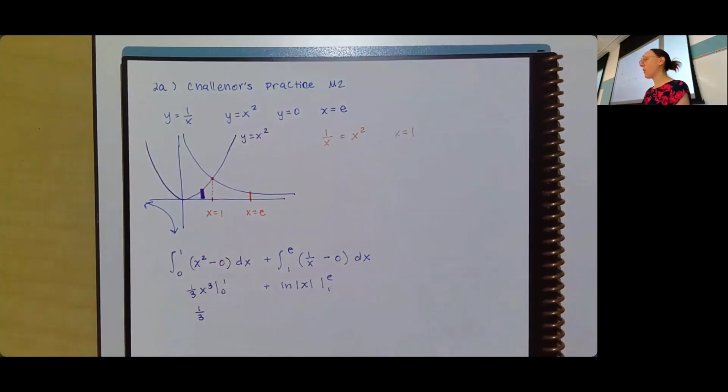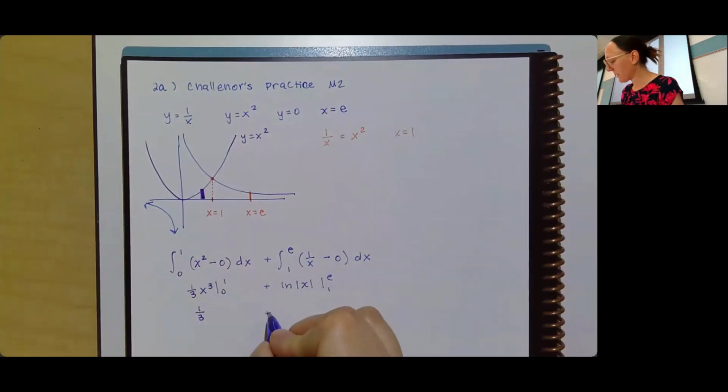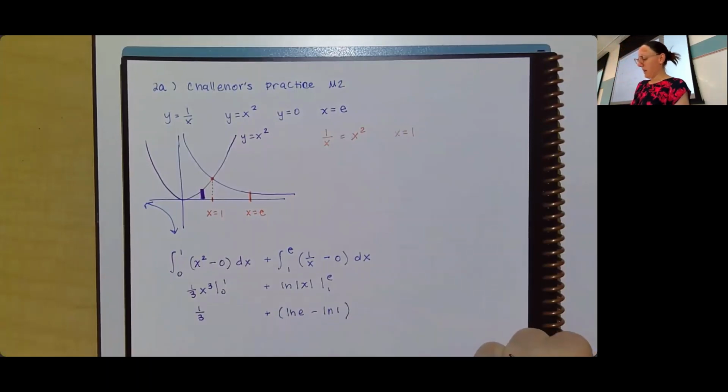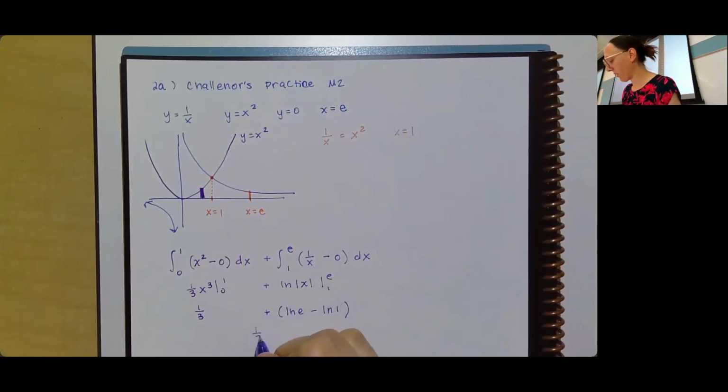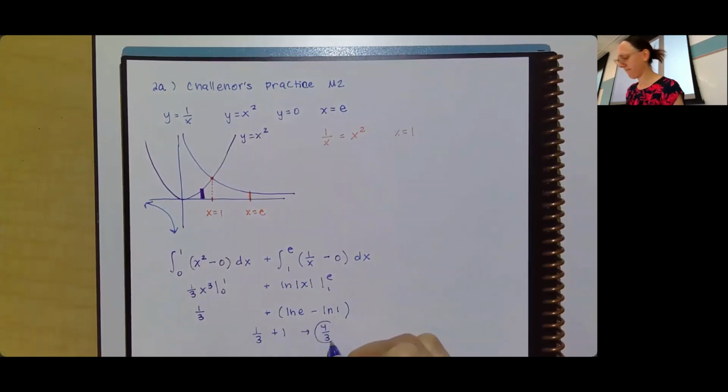Since all the numbers I'm plugging in are positive, I didn't really need the absolute value. But that's going to look like ln of e minus ln of 1. Natural log of e is 1, and natural log of 1 is 0. So my final answer here is 1/3 plus 1, or 4/3.